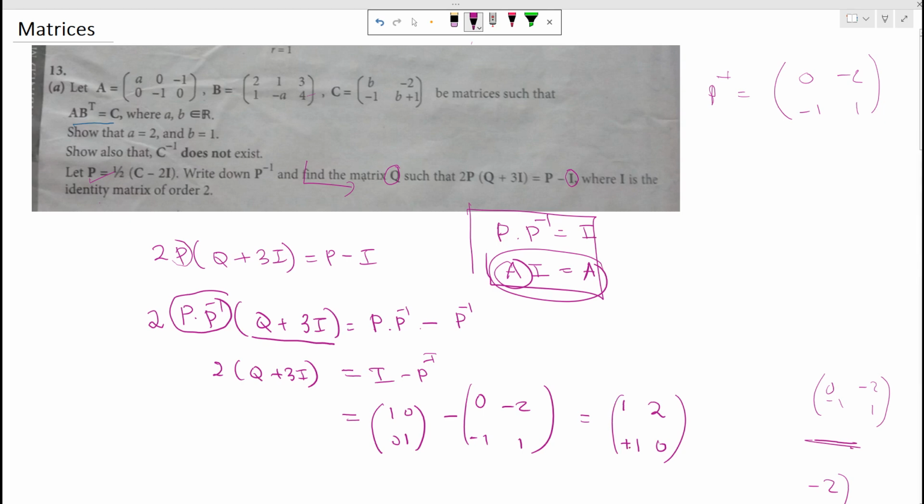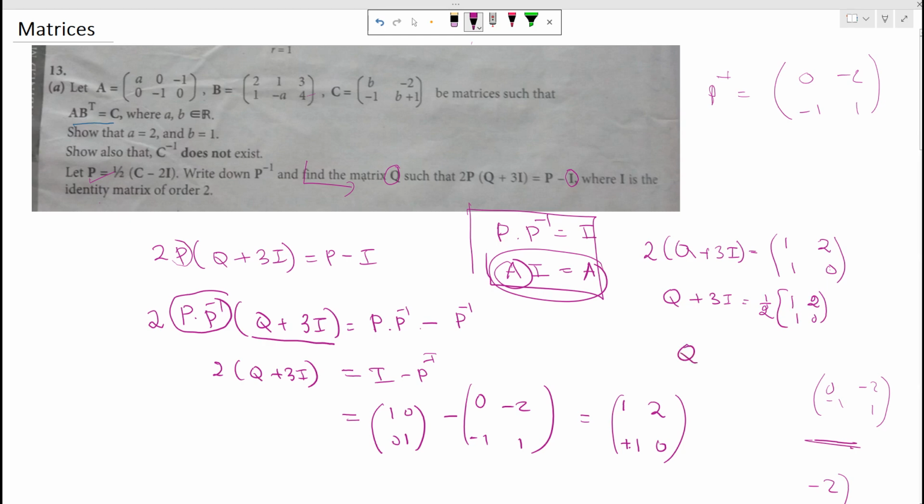Now from this I can write 2Q + 3I is equal to 1 2, 1 0. So Q + 3I is equal to half into this 1 2, 1 0.